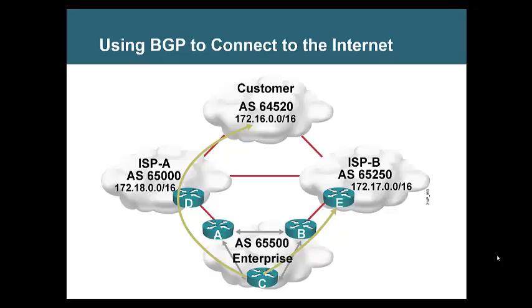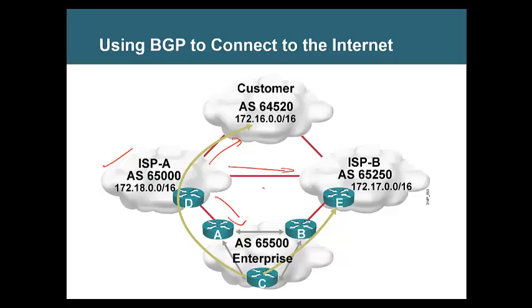If you notice here, 65500 is multi-homed. This is one connection, this is another connection. Likewise, this is one connection here, one connection here. ISP A is connected up here and down here. This is called multi-homing. More than one autonomous system connected. ISP A is also multi-homed. It is connected to the customer, to ISP B, and to the enterprise down.